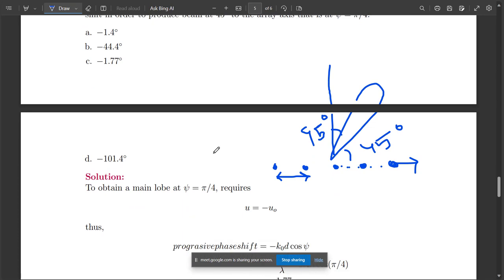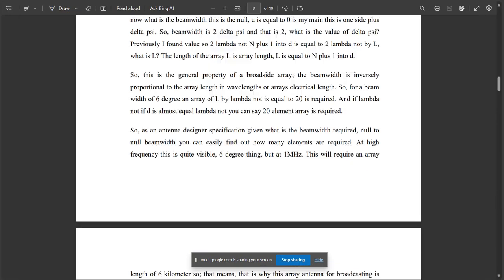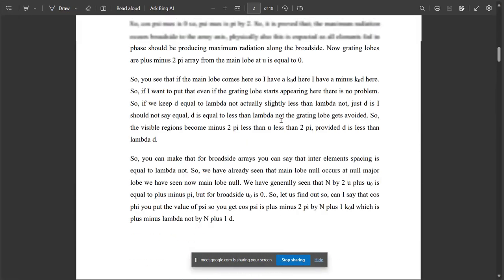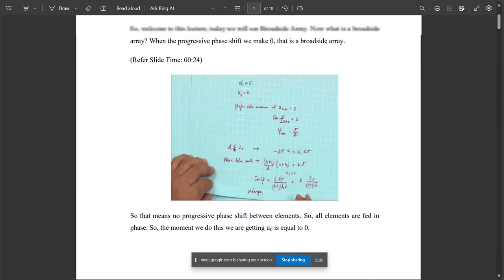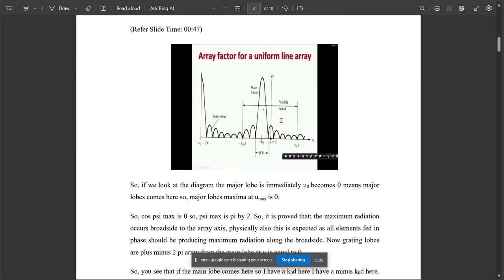So the first thing, to obtain the main lobe at psi equals pi by 4, is that u equals minus u naught.